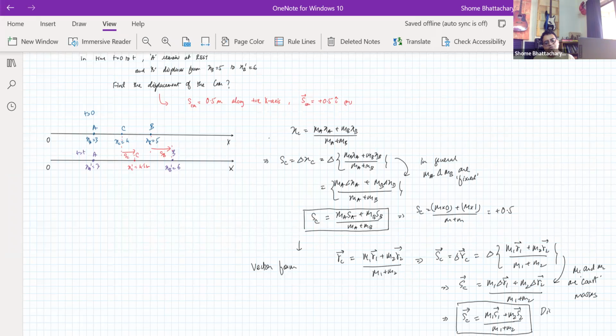This is the displacement formula of the center of mass for a two-particle system.